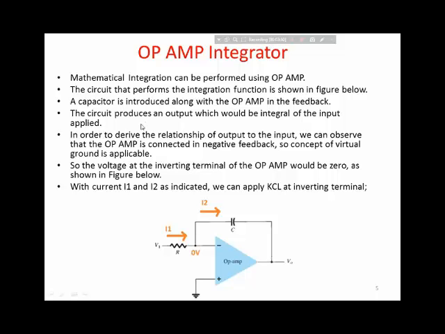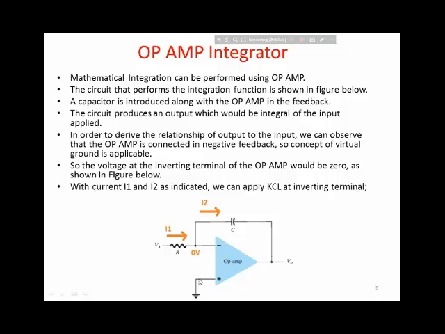In order to derive the relationship of output to input, we can observe that the op-amp is connected in negative feedback through this capacitor. So when the op-amp is in negative feedback, we can apply the concept of virtual ground at the inverting input of the op-amp.